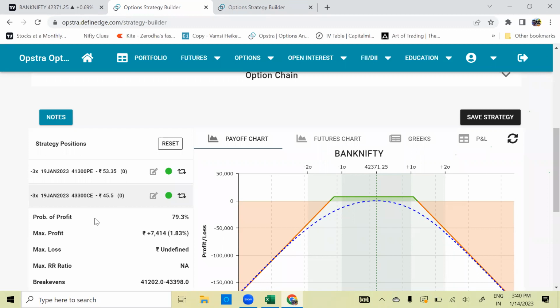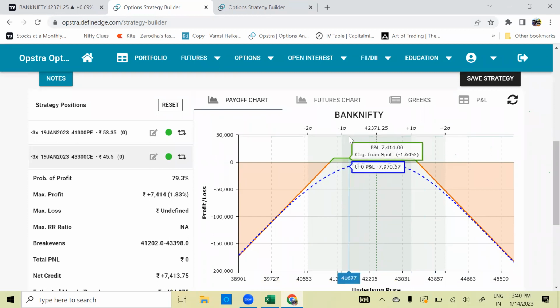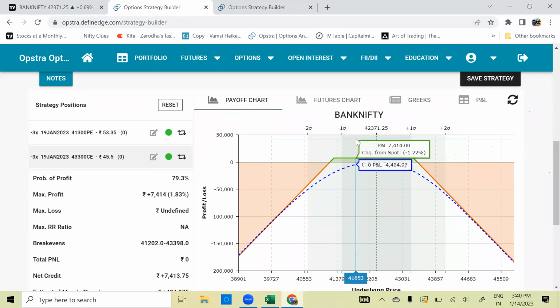So here, suppose the market goes down suddenly 500 points, so from 371, let's say it goes to 871. If it goes to 875, I will be losing 4,000 rupees for 500 points.